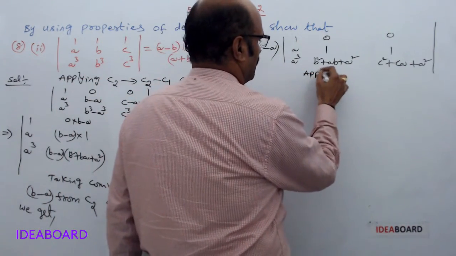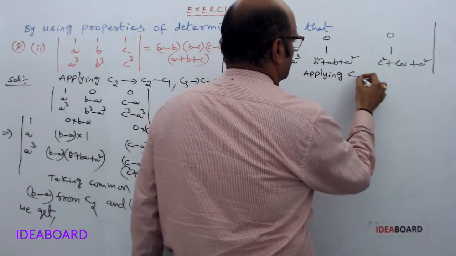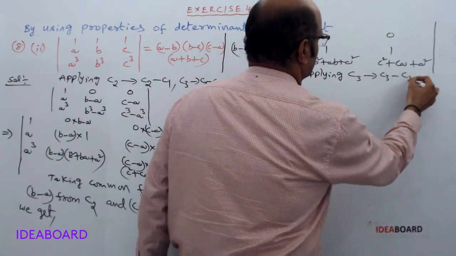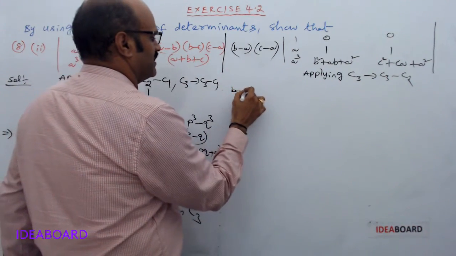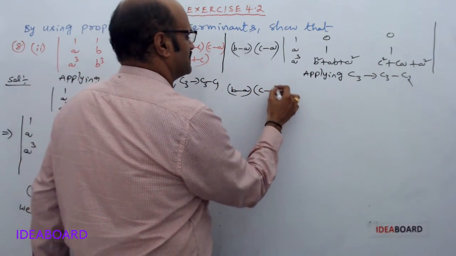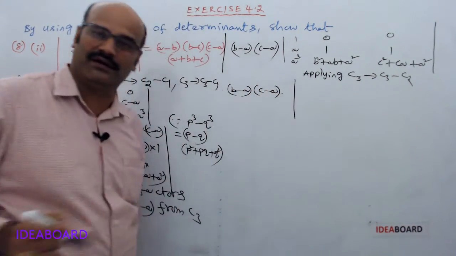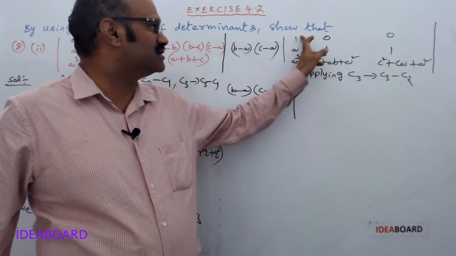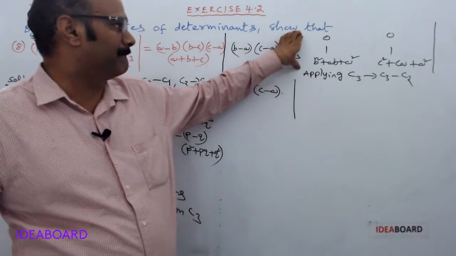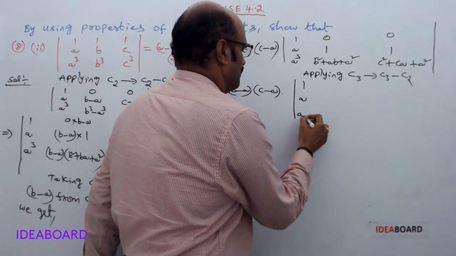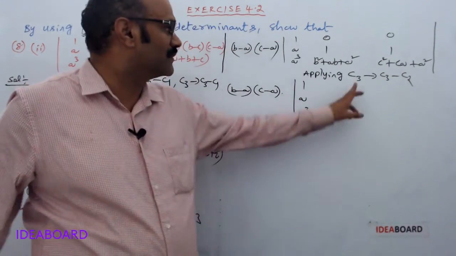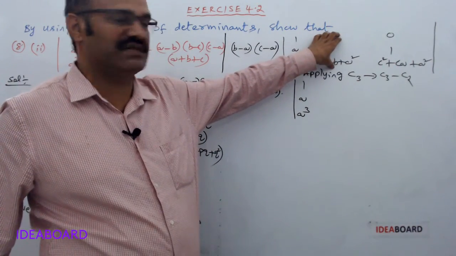Applying C3 changes to C3 minus C2. Then we have B minus A into C minus A into determinant of no change in C1. C1 same. So here we have to write 1, A cube, and no change in C2.